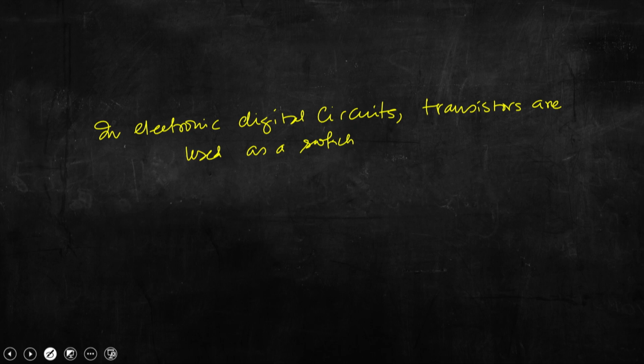If we need to use transistors as a switch, essentially transistors will be operated in cut off and saturation regimes.